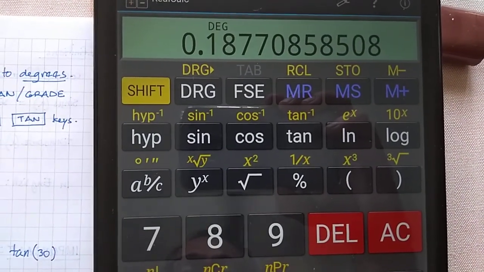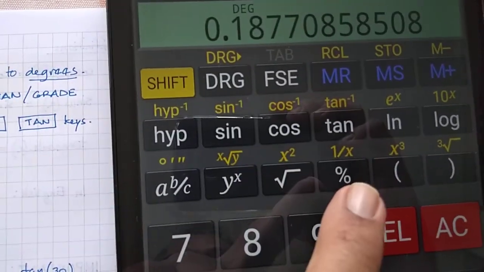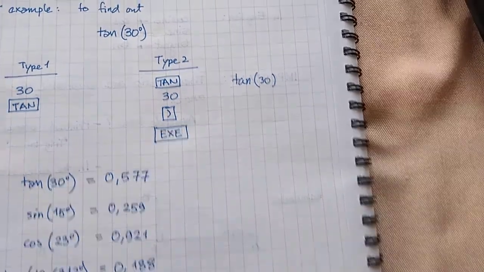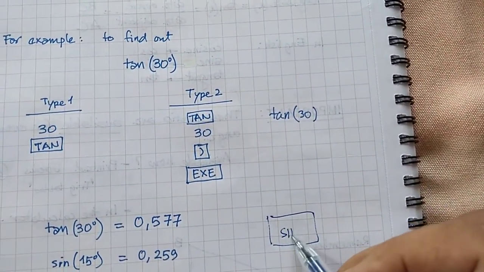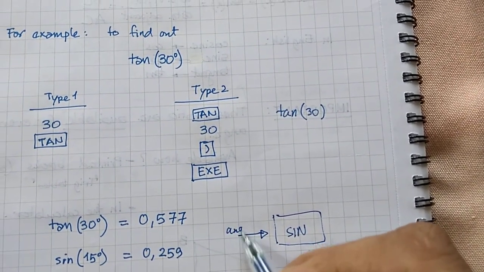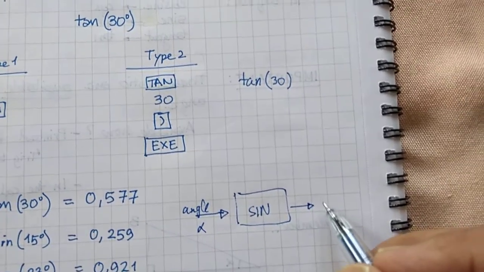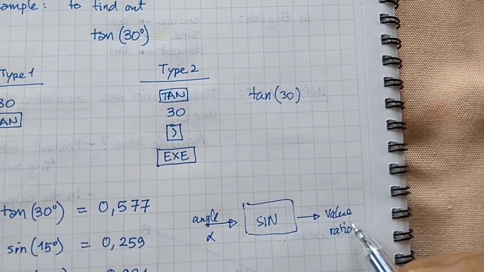Wait a minute, I just said function. Yes, it's true. These sine, cos, tan are functions. You have here the sine function. You enter an angle, alpha, and you get out a value, which is a ratio.